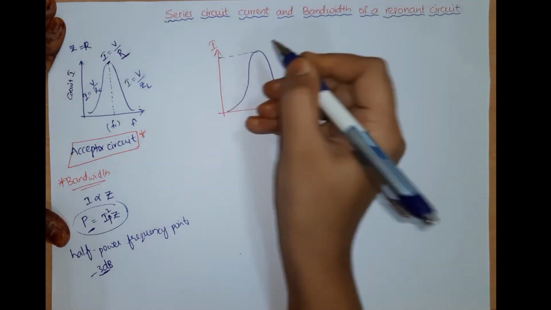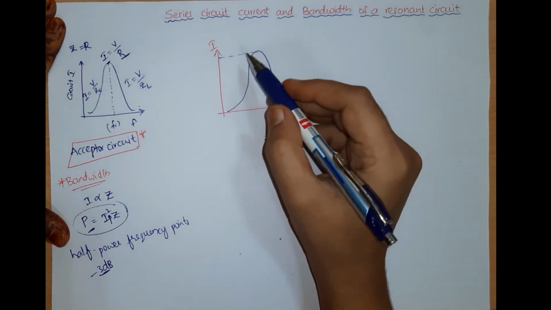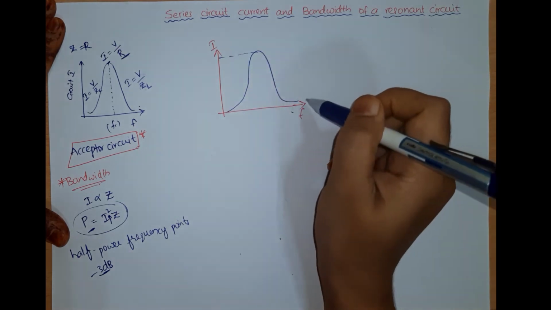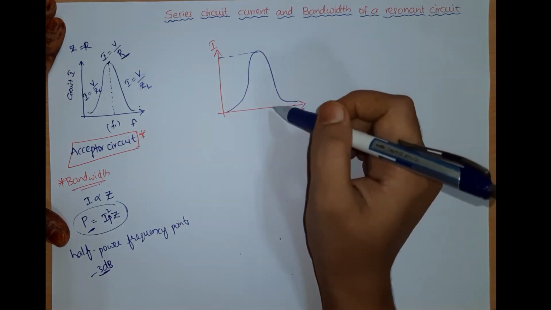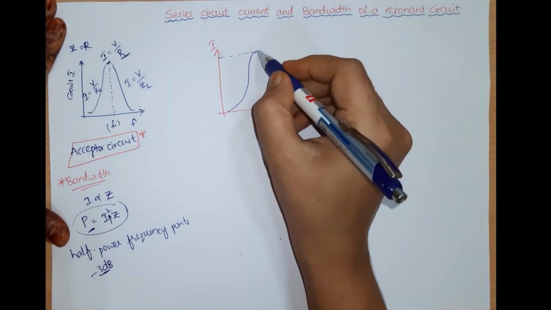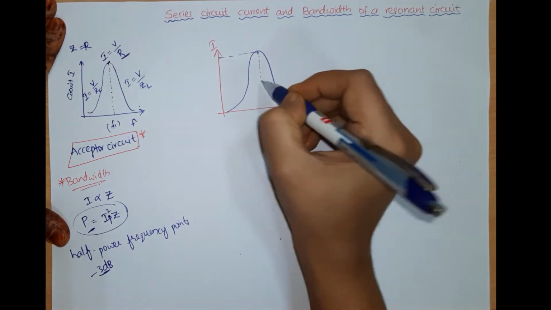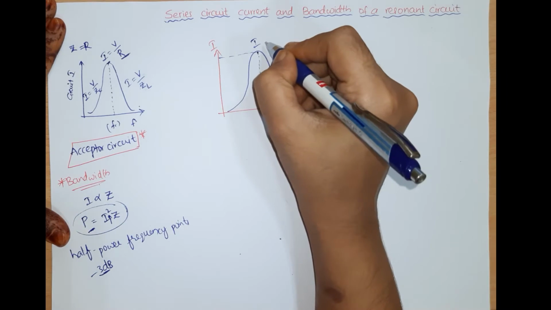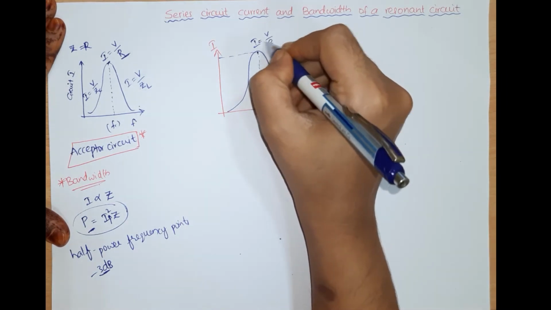So what is the maximum power observed? How can we calculate it? The area covered under this curve is nothing but the average power observed. Now, this will be the maximum power point. Why? Because at this point I is maximum, I is equal to V by R.